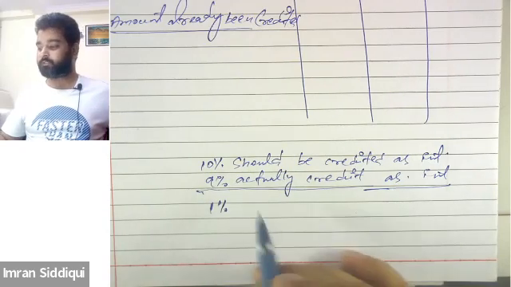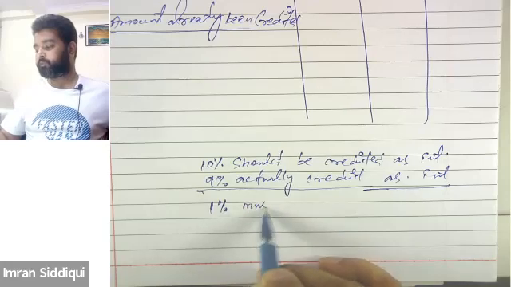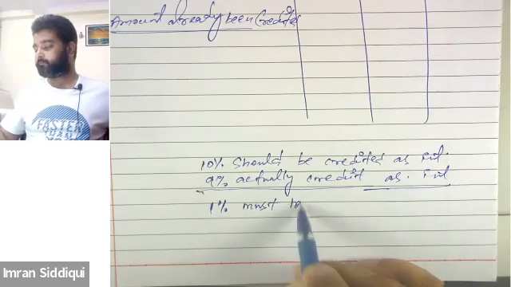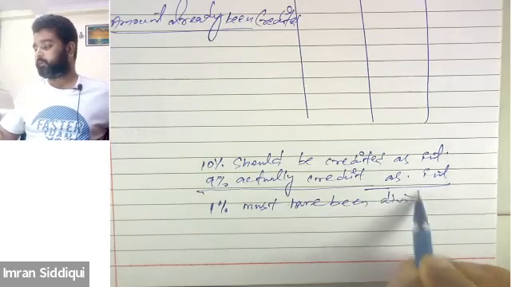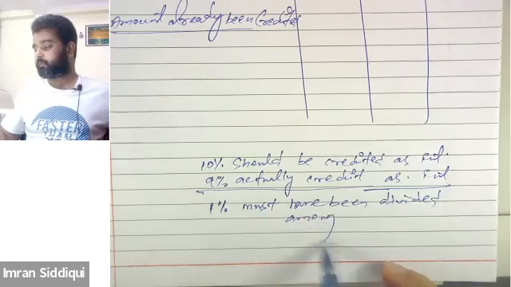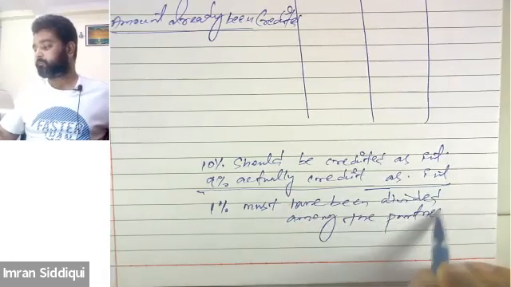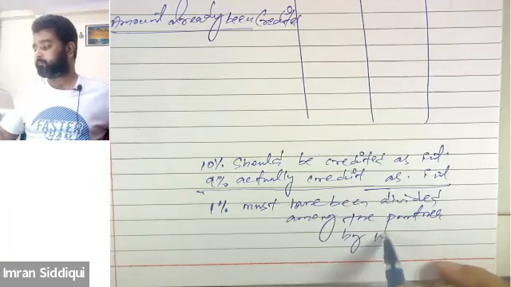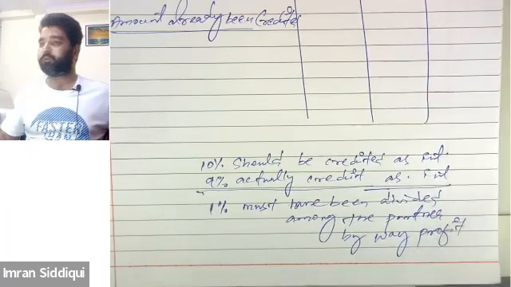This 1% must have been divided among the partners by way of profit.